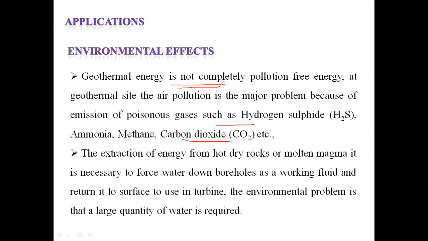We also covered the temperature versus entropy curve, the methods of harnessing, the advantages and disadvantages of the geothermal power plant compared to other power generation, applications of the geothermal power plant, and the environmental effects of geothermal energy sources, how they affect the environment.